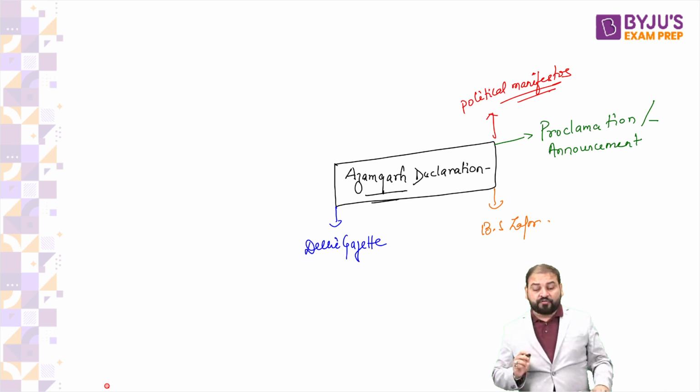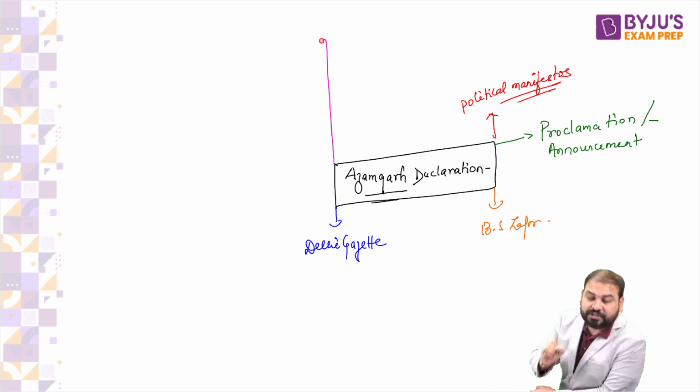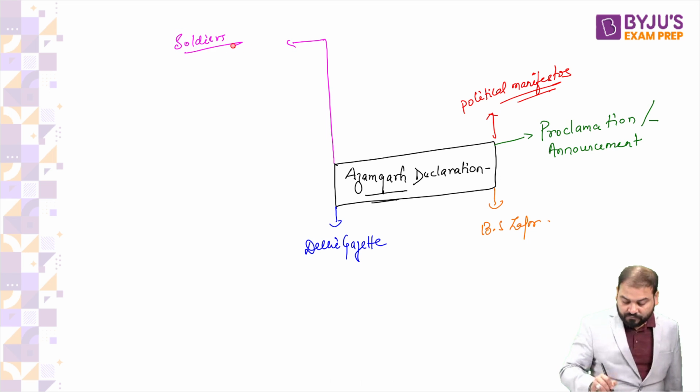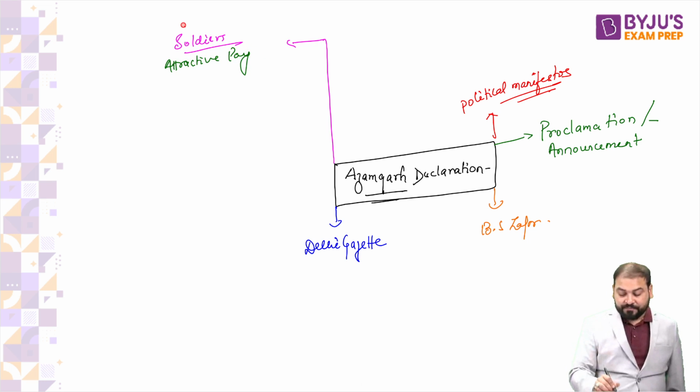So in the Azamgarh proclamation, Bahadur Shah Zafar made certain promises. Promises to whom? Soldiers. They were told, we will give you attractive salaries, you join us.